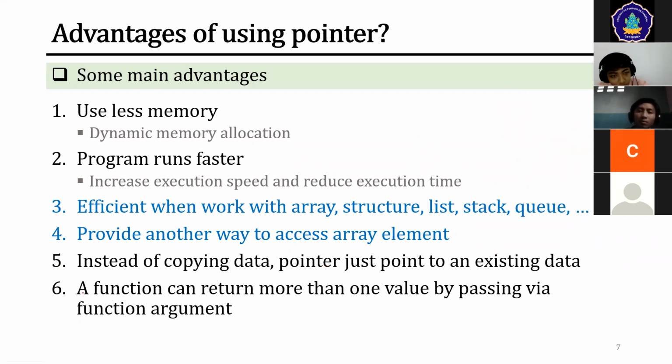And the last advantage is with functions. If you have learned about functions before, you can take advantage of using pointers. When you create a function, only one value can be returned from the function itself. Whether it's an integer, a character or string, or sometimes you define the return type to be a structure, because a structure can hold many data types, right?